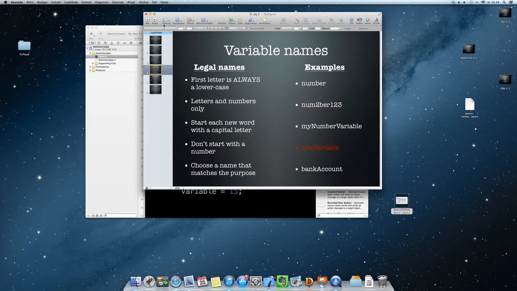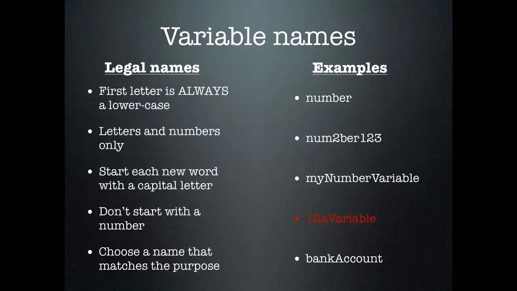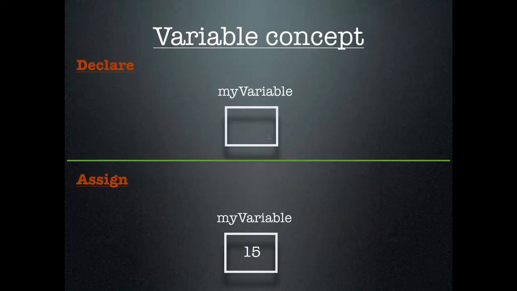Just go out here and then open up again. And here I illustrated the variable concept, because there are two steps. As you see, there are two lines of code involved in writing a variable. The first one is the declare step. That's where we told the computer that we're making a variable with this name, and we're reserving space in memory.